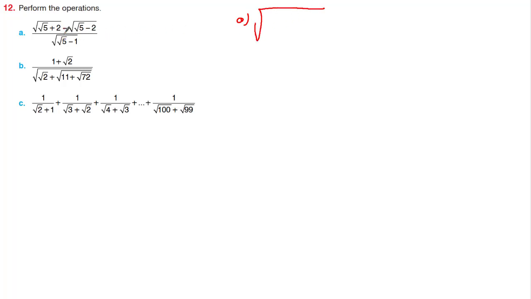We can separate these two fractions back to addition, so it will be square root of 5 plus 2 over square root of 5 minus 1, minus square root of 5 minus 2 over square root of 5 minus 1.